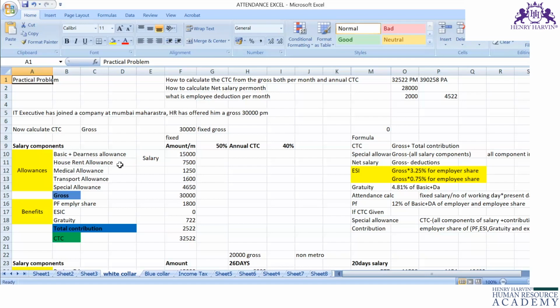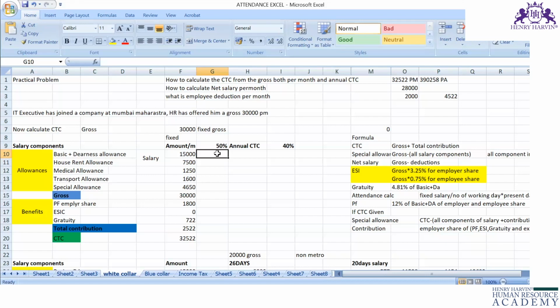Understand? Okay. When gross is given, how to calculate the salary components? First thing is you have to calculate the basic plus DA from the gross. Say 30,000 is your gross. What you have to do? You have to check whether the employee is working in a metro city or non-metro city.